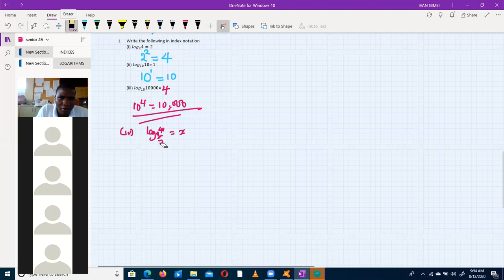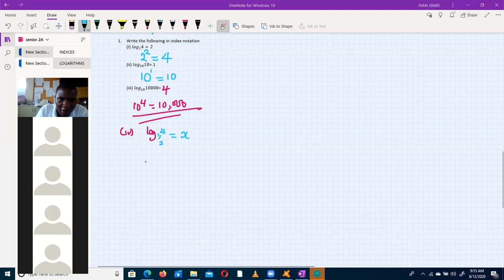It's smudged. Let me write it properly. This is base a half. This is 4. Log of 4 base a half equals x. How do you write this? A half to the power x is equal to 4.